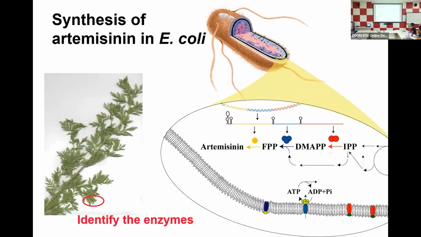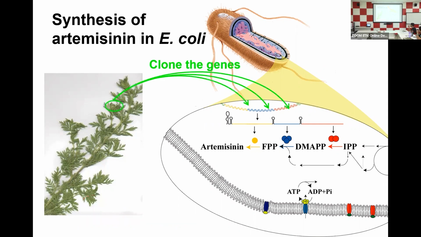Okay, so this represents in graphic form everything that is required for the engineering of this pathway in E. coli. First, you have to identify, pinpoint and extract the gene sequences from the plant. That will be one of the challenges.